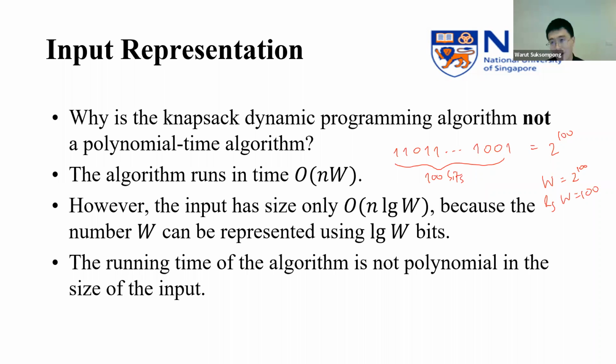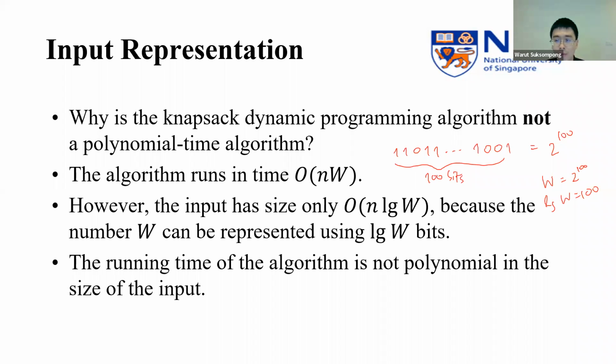This is why, if the input has size log W, an algorithm that runs in time W should not be considered polynomial time. The size of the input is not that big. I can type the 100 bits to you in 30 seconds. But if your algorithm runs in time order W, you're not going to finish it in any number of years, anytime soon.